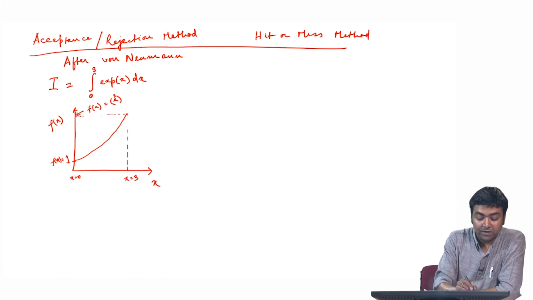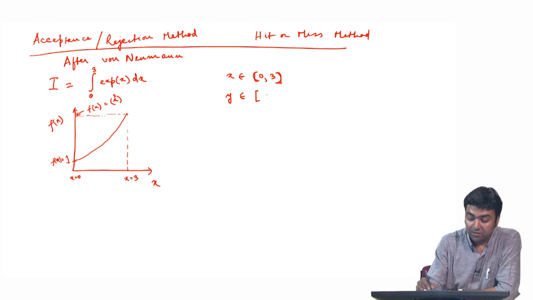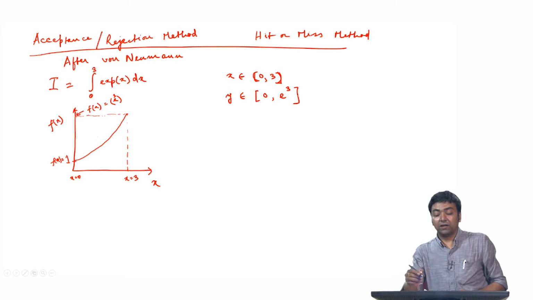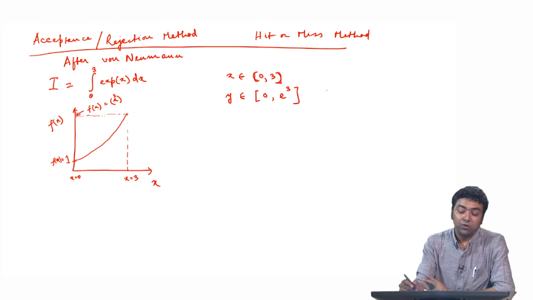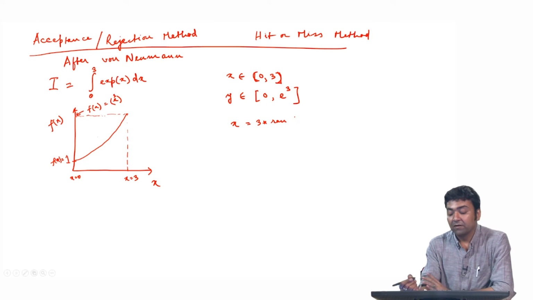What is done in this method is that I consider this rectangle. My rectangle is defined by x belonging from 0 to 3 and y belonging from 0 to e to the power 3. Then I generate two random numbers. I generate a random number x, which is 3 times my original random number.